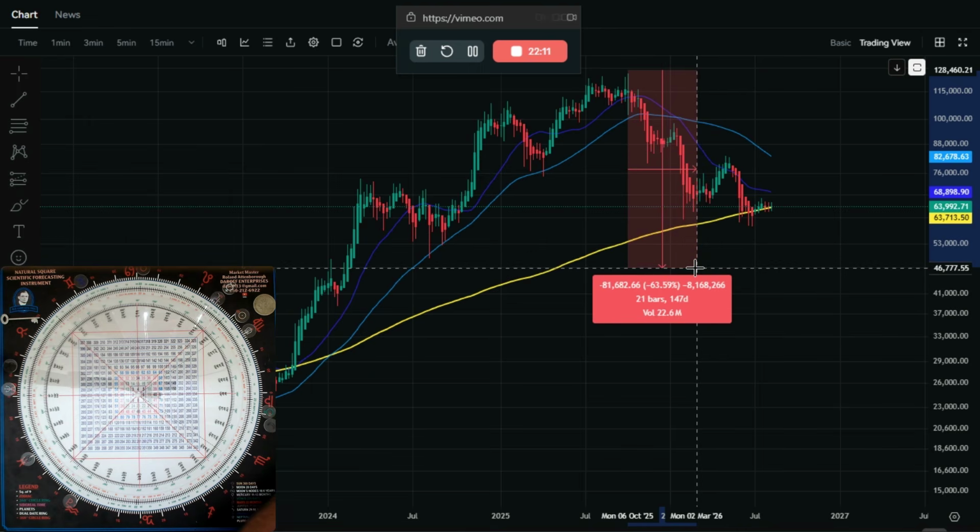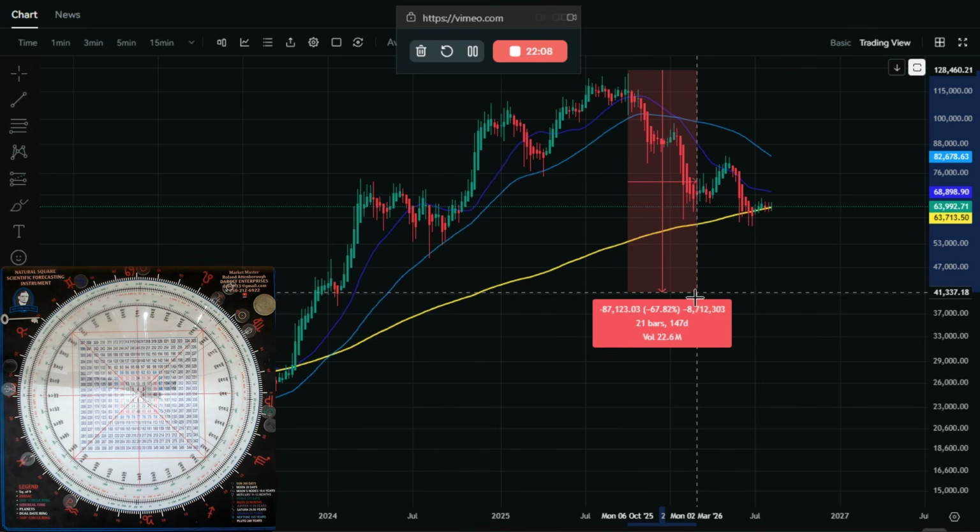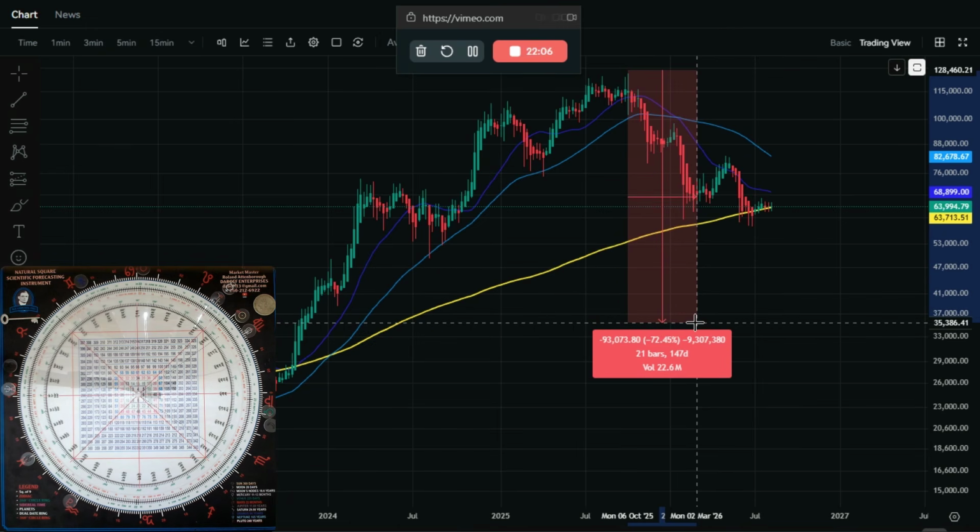And if we were to move down into the 72% range, that would provide us with about a 35K Bitcoin, or the mid 30s. And we think that that is very likely given the fact that the market is repeating a lot of the very similar attributes.